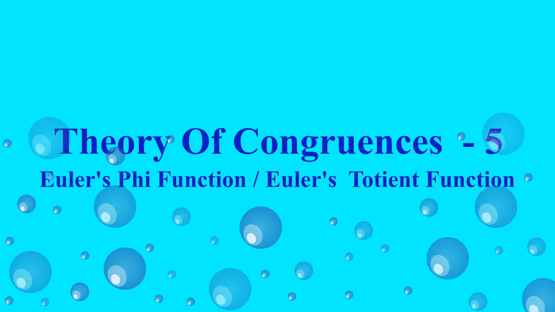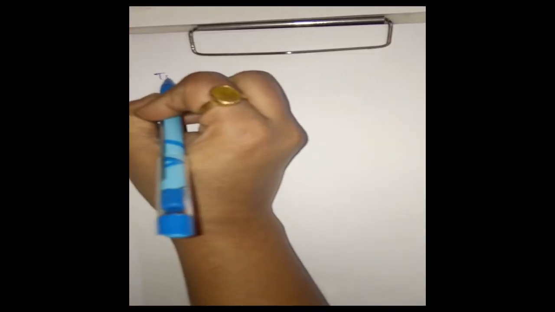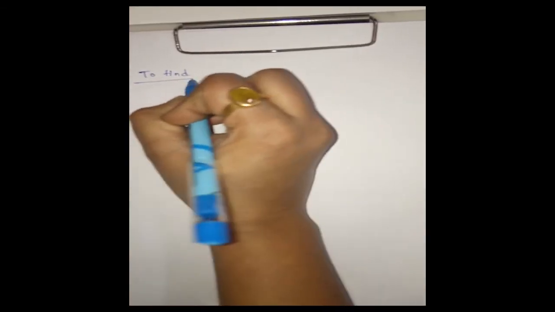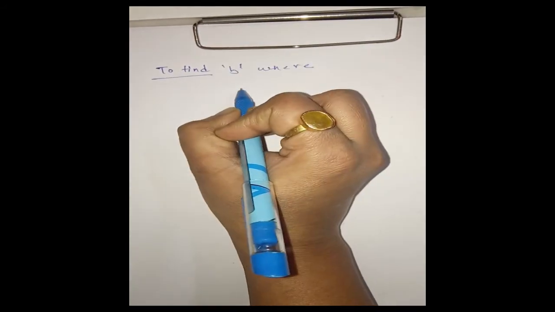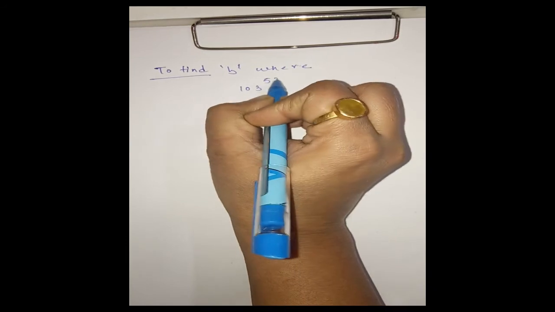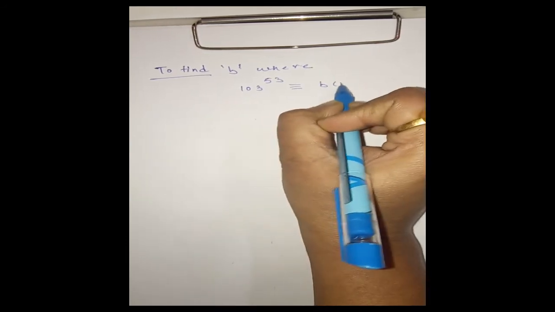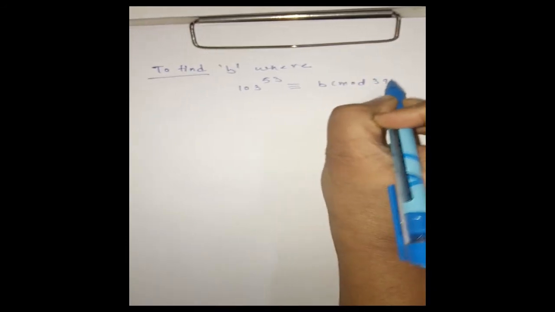Now we come to the second step, the next congruence. Here we have to find b, where 103 power 53 is congruent to b modulo 39.